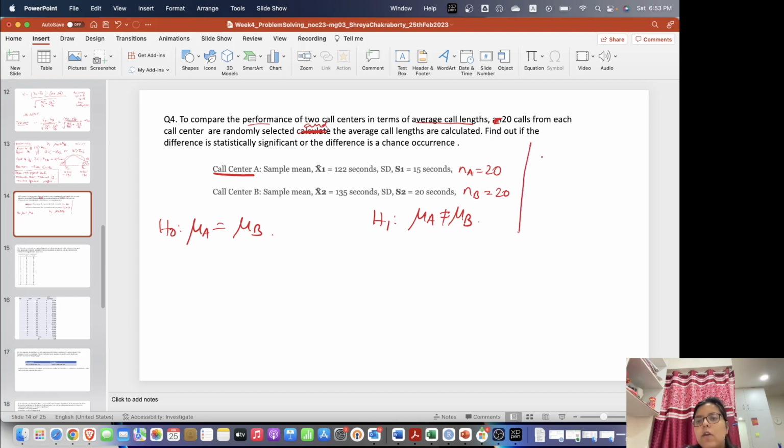Here we are going to apply a 2 sample t test, because the population variances sigma A square and sigma B square are unknown.